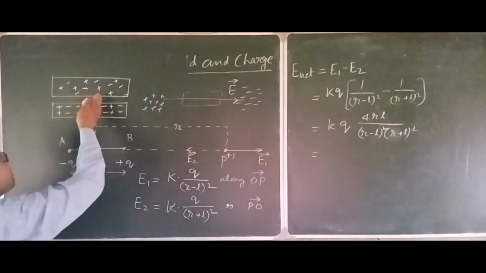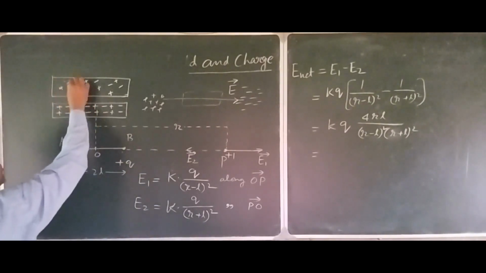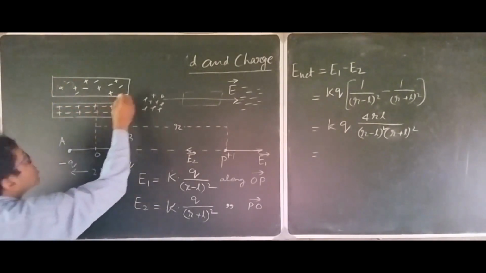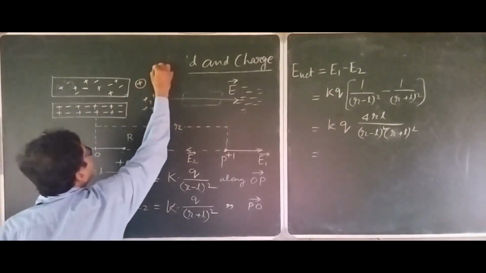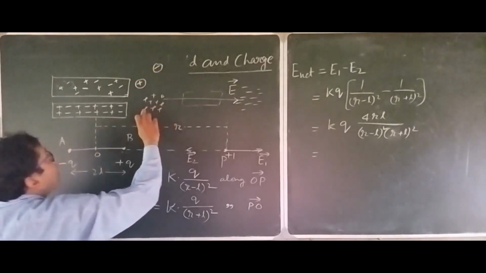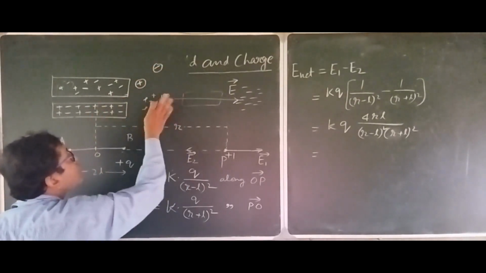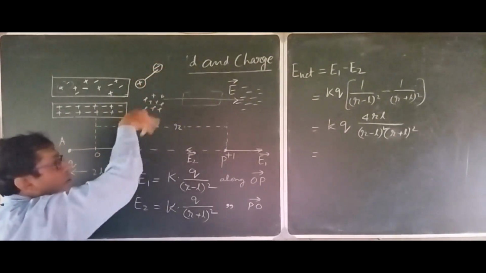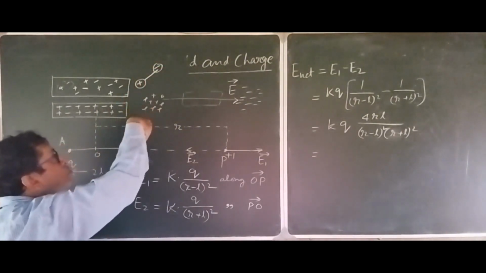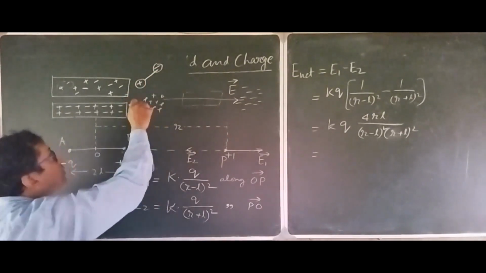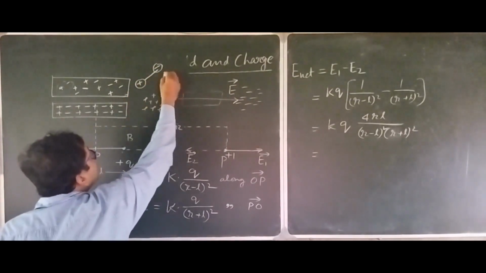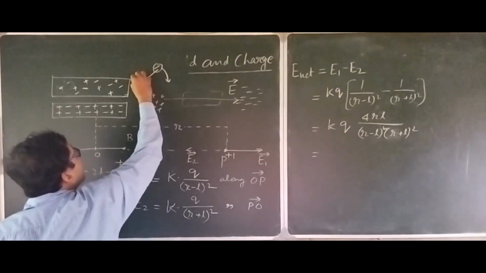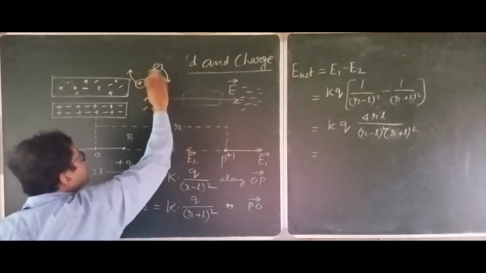and to bring them aligned, every dipole has to rotate. Suppose a dipole is like this, and when energy flows through them, that energy tries to rotate them, tries to spin or orient them in a proper manner. So a torque has to be applied.